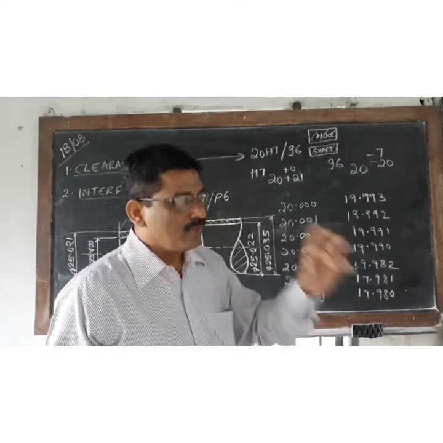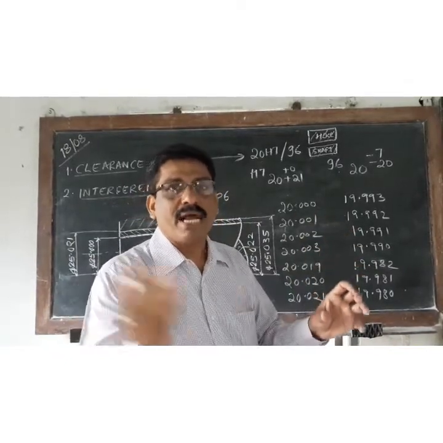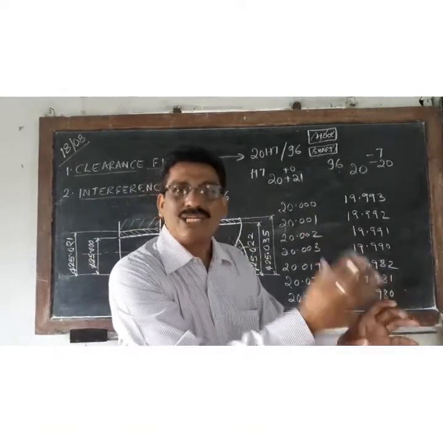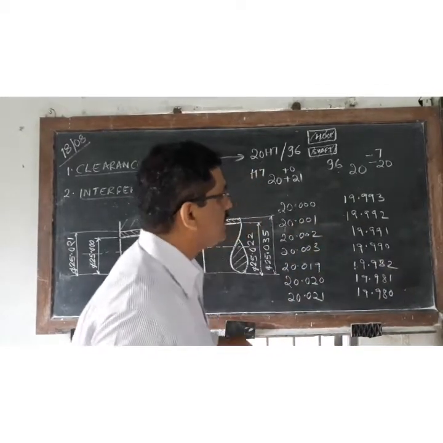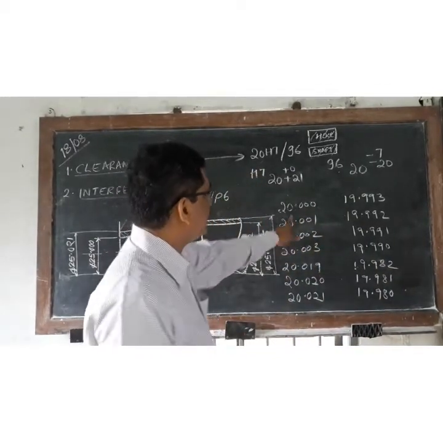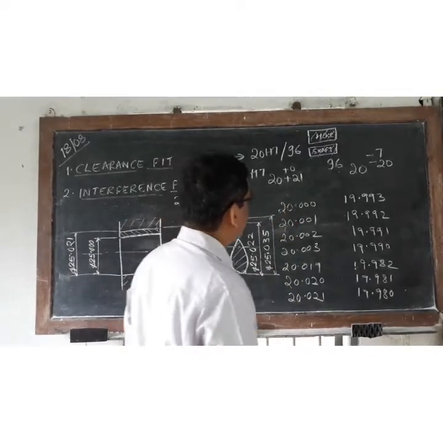So if you take a hole and a shaft and just put it, it will enter. Here we will get the minimum clearance.